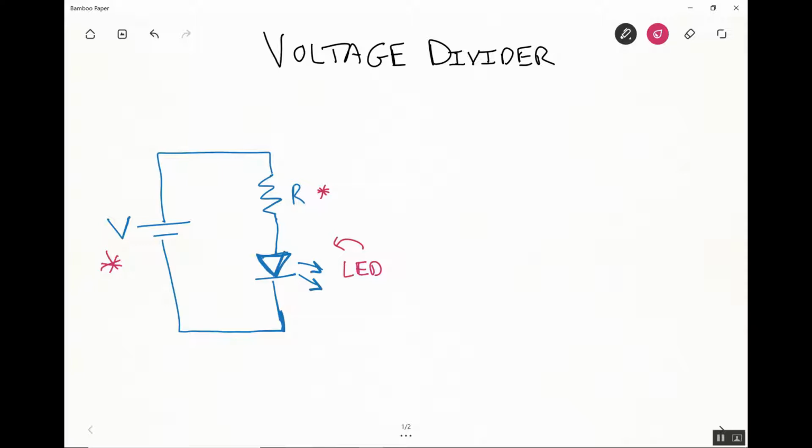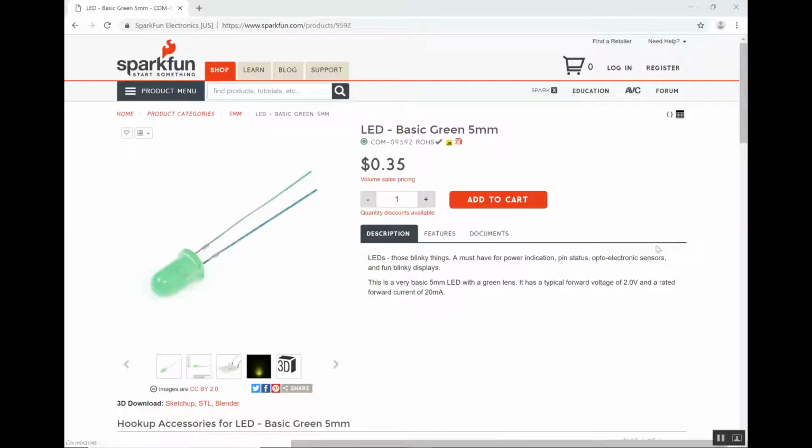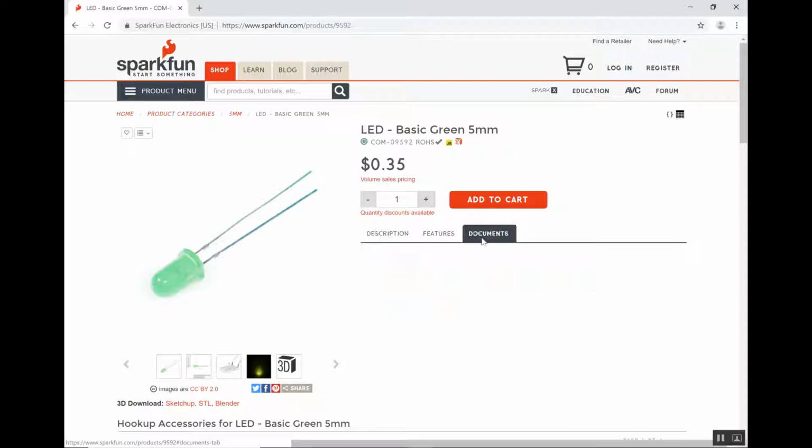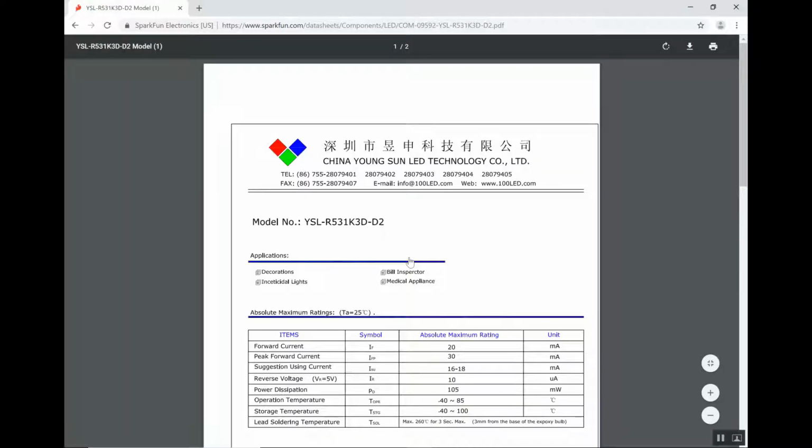So let's take a look at a real LED, a data sheet for a real LED, and then calculate what the resistance needs to be for a circuit where this LED is being powered by 5 volts from an Arduino Uno digital input output pin. Okay, so here is a green LED, a basic green LED, and if I click on documents, there's a data sheet here. Let me bring it up.